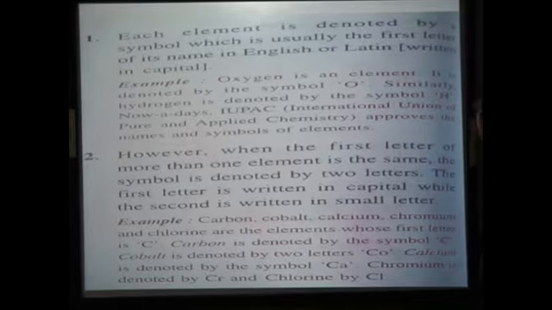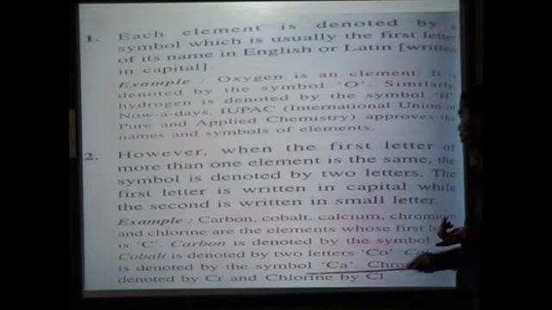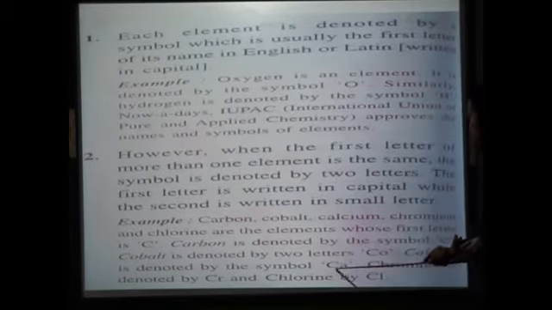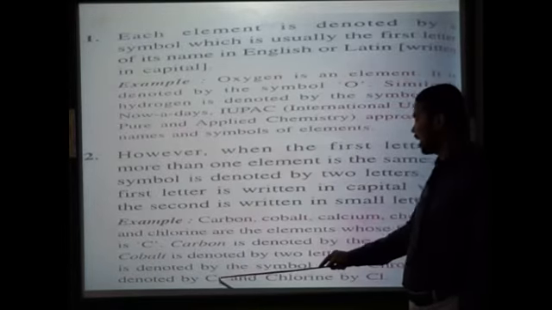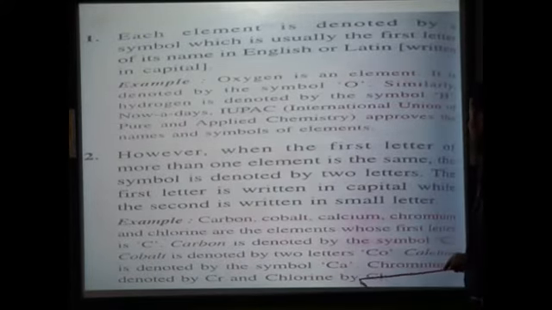Mind you, first letter has to be capital, second cannot be capital. If you write the second letter also capital, it will become a compound. It will not become an element. So the second letter has to be small letter. Calcium is denoted by the symbol Ca. Chromium is denoted by Cr and chlorine is denoted by Cl.